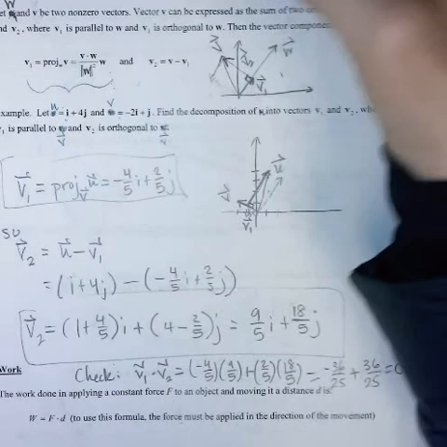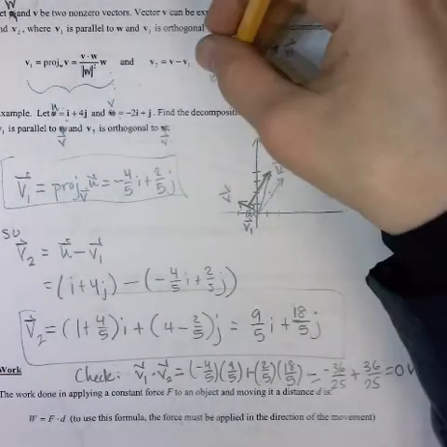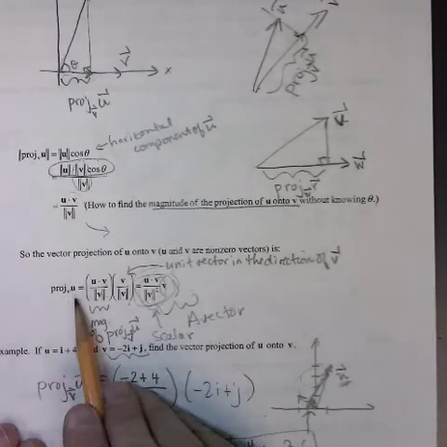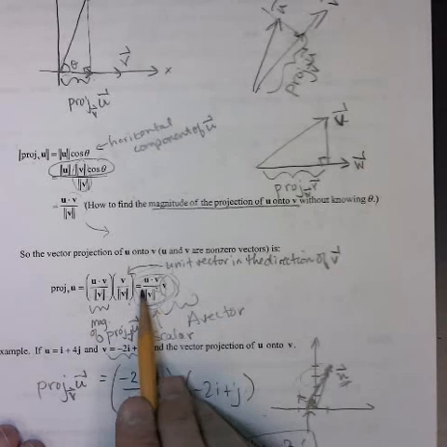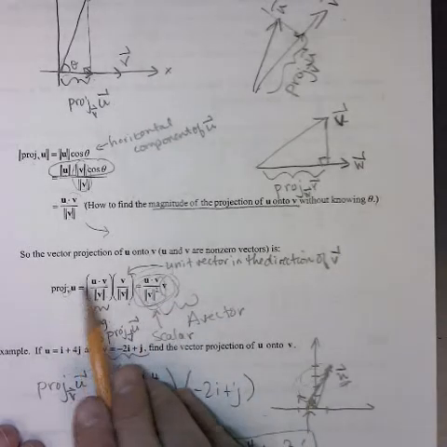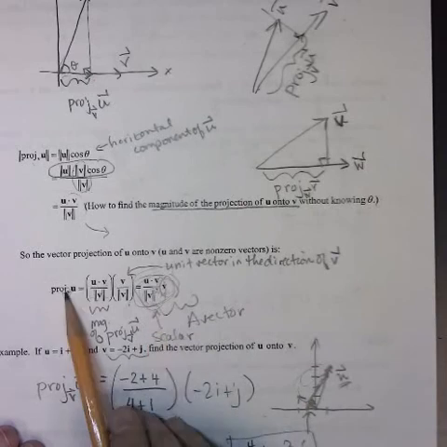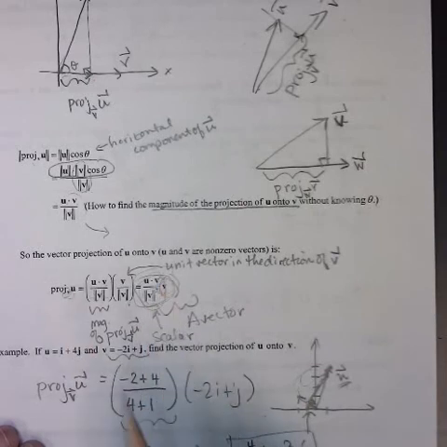The vector you're projecting onto goes down here, okay? And the vector you're projecting onto is the vector you multiply by. So this here goes here and here, and then this is our u dot v.